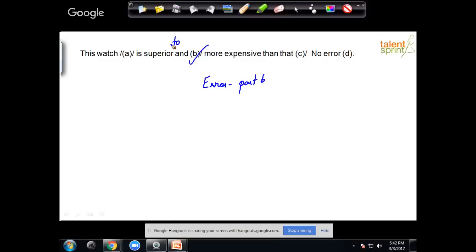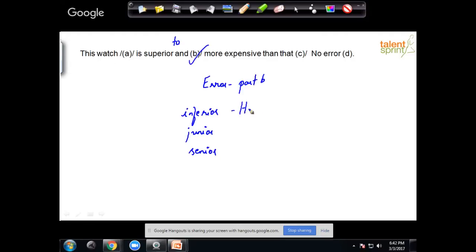So the rule is pretty simple. When you're comparing something, adjectives ending in IOR, for example inferior, superior, junior, senior, if you notice all these in a context, you'll always have to following it.